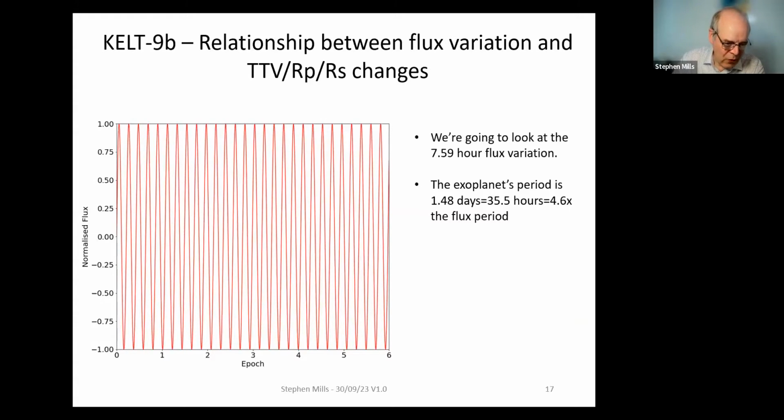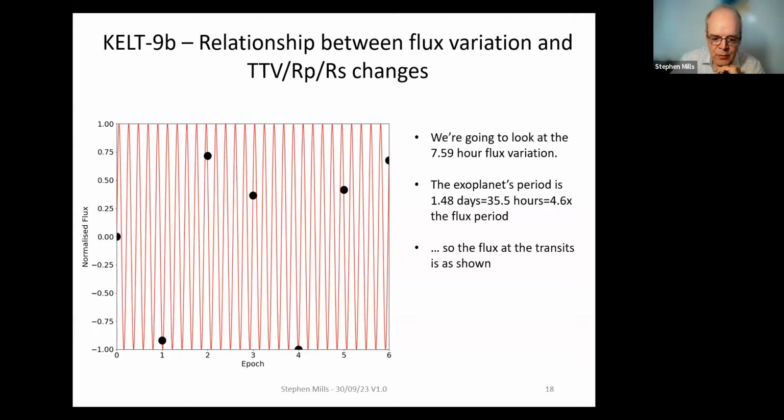On this graph, the red line wiggling up and down is a representation of the flux of the star, and there are 4 to 5 peaks between each of the epochs or orbits. What we're interested in is the flux at the point of transit, i.e., where is the red line at each of the integer values of epoch?